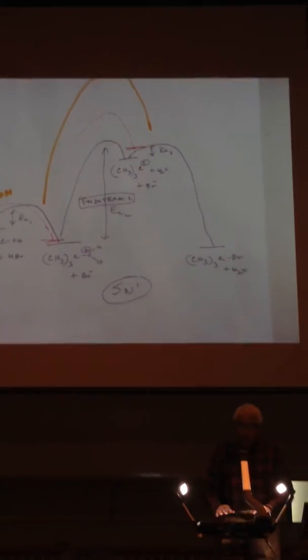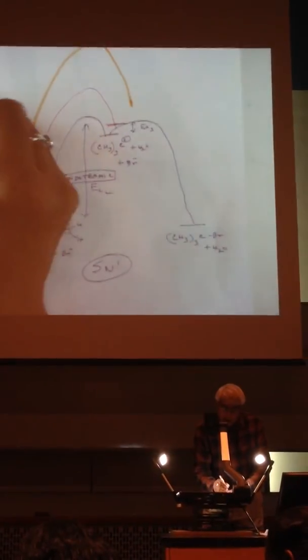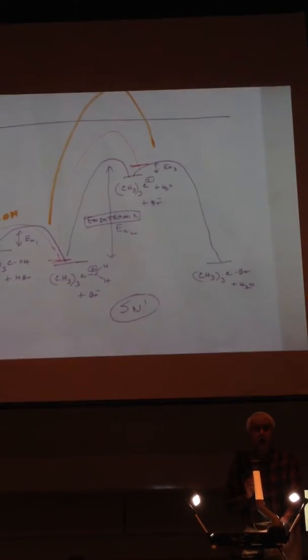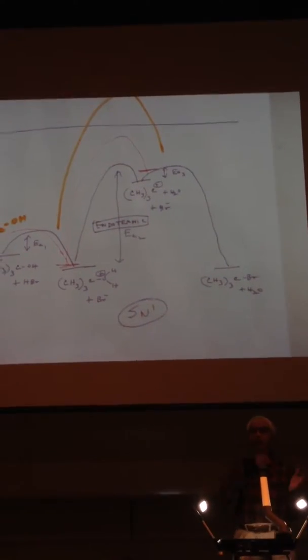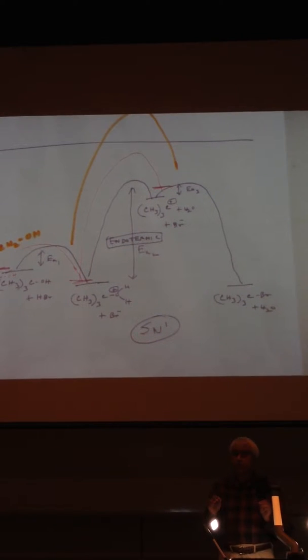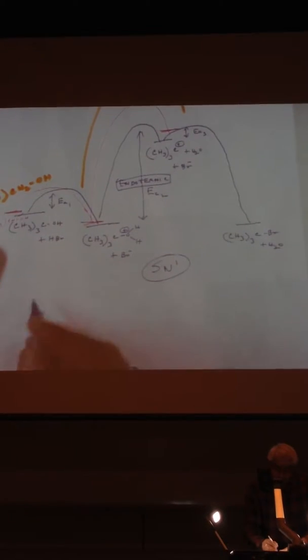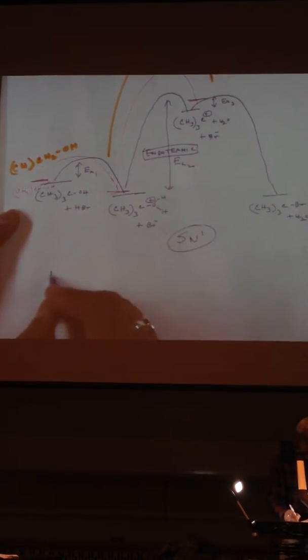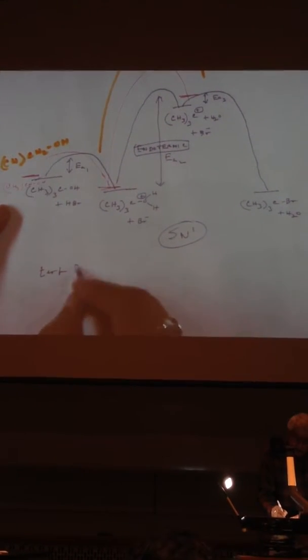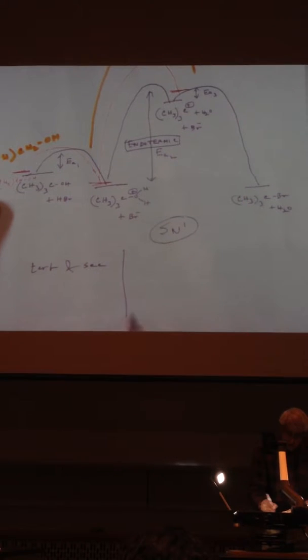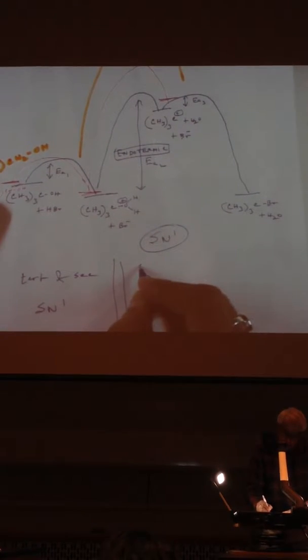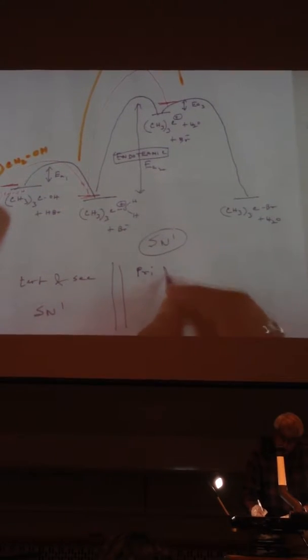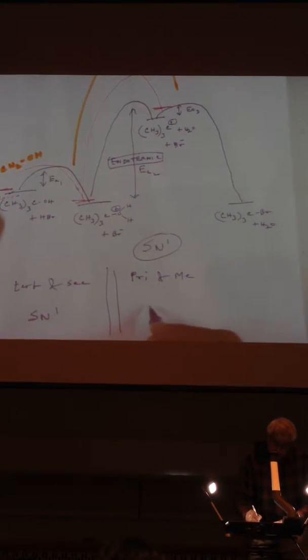And for the primary, the energy demand is so high that it would change the mechanism from SN1 to SN2. So typically, as I mentioned, the tertiary and secondary would go through the SN1 mechanism, and primary and methyl will change the mechanism to SN2.